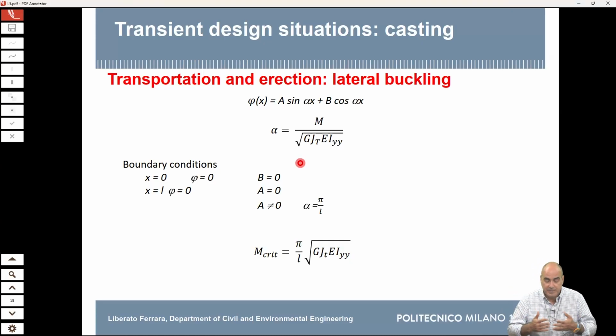So alpha L equal to 0 is meaningless. The other possibility is that alpha L is equal to pi. And if you work out alpha equal to pi over L, you find what is the critical moment.